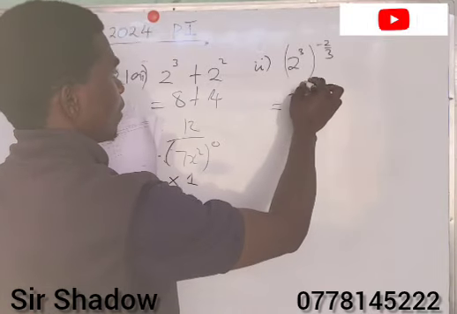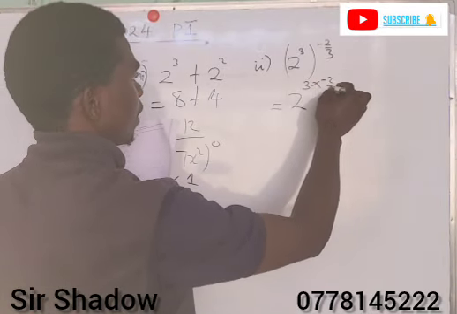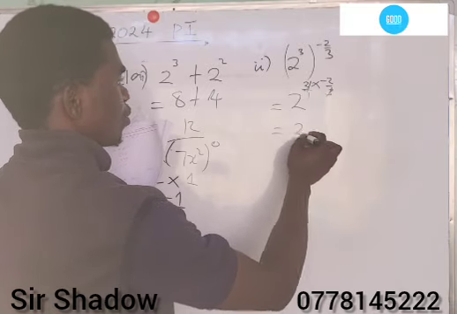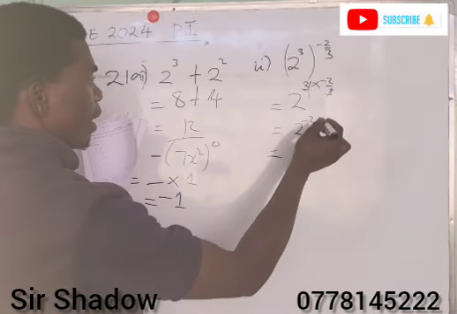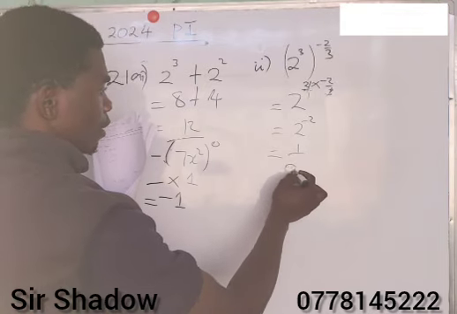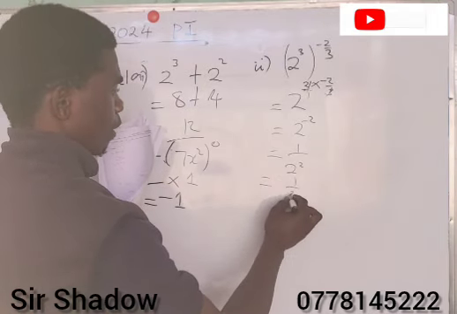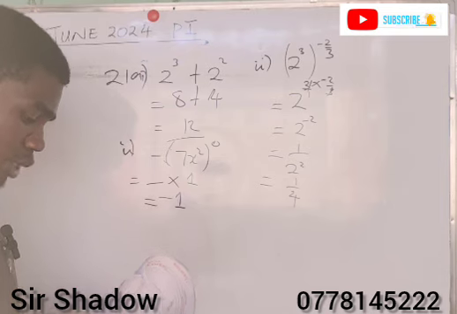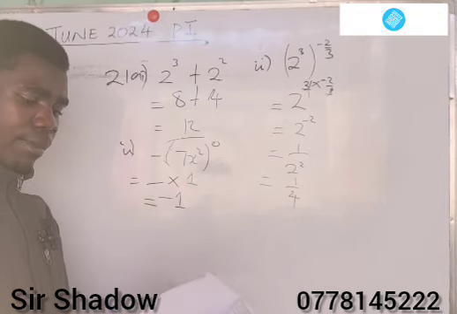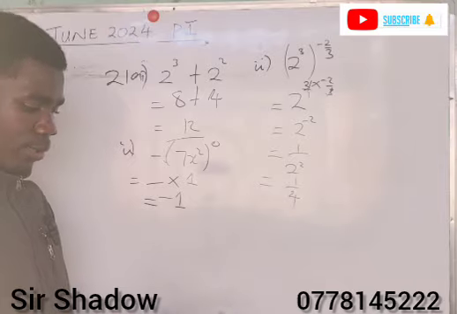So 2 to the power of 3 multiplied by minus 2 over 3 gives us 2 to the power of negative 2. Applying the laws of indices, if we have a negative power, we remove it by writing 1 over 2 squared. It becomes 1 over 4, the solution. Then let's move on to question B.